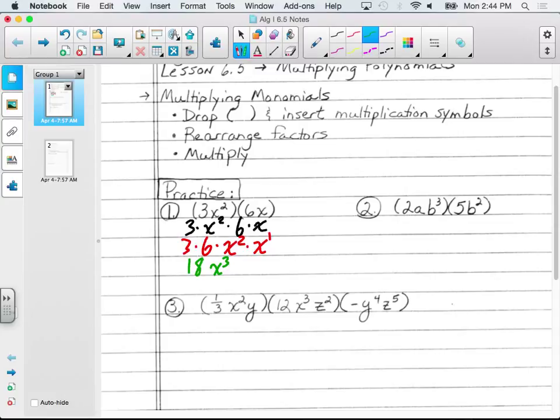Close. The x's are the same. They have the same base, right? Because x squared and x to the first have the same base. So when we multiply those together, we can simply add our exponents together. So 2 plus 1 is? Wait, so it is x cubed? Mm-hmm. Okay.